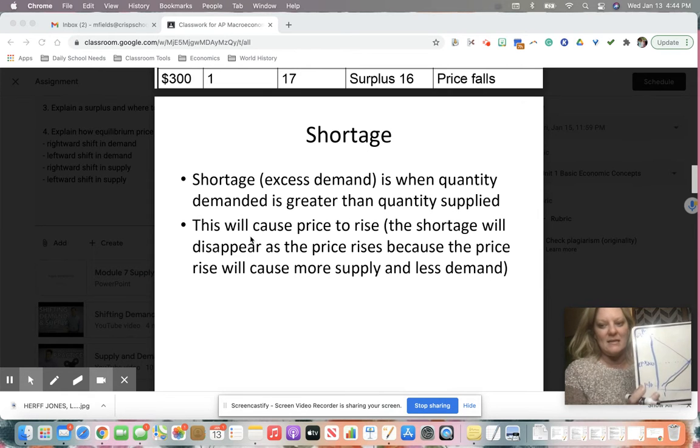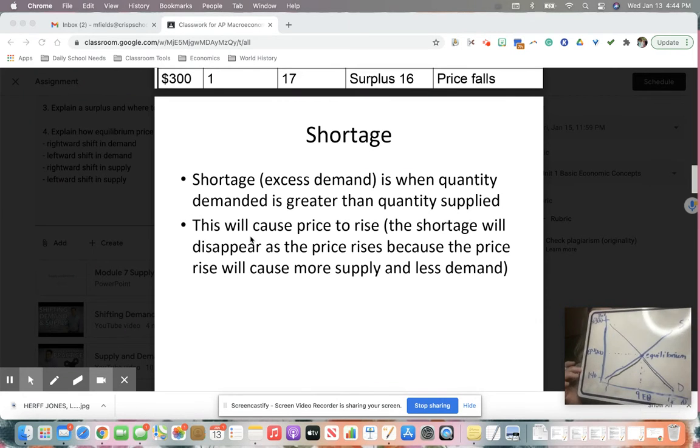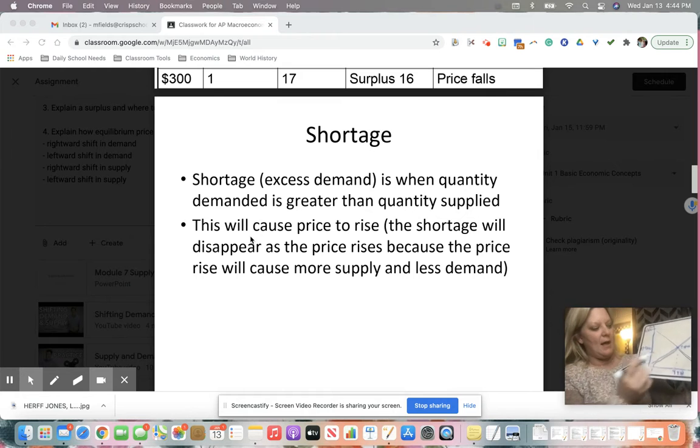So what this means is that at any price below $200, your quantity demanded is going to be greater than your quantity supplied. For instance, at $140, you'll have 18 demanded, but only 1 supplied. So you will be short 17.